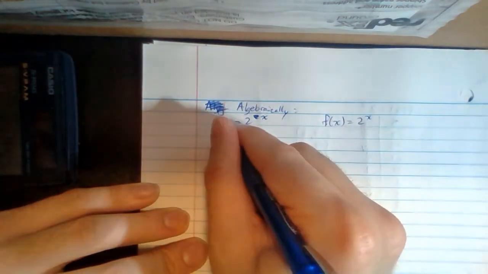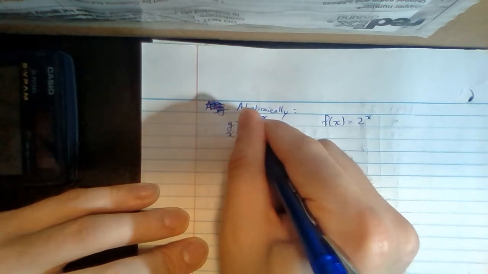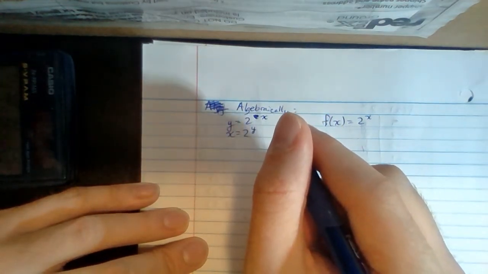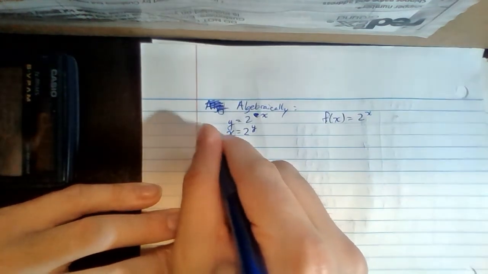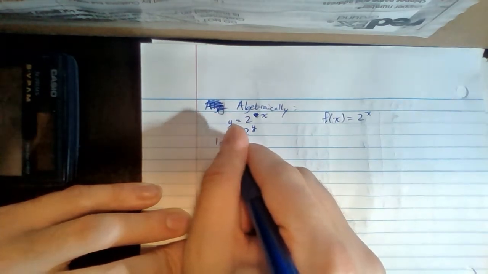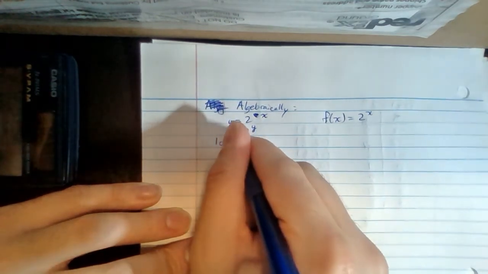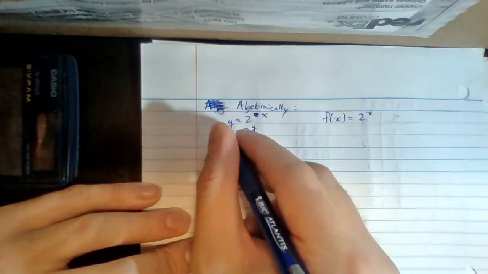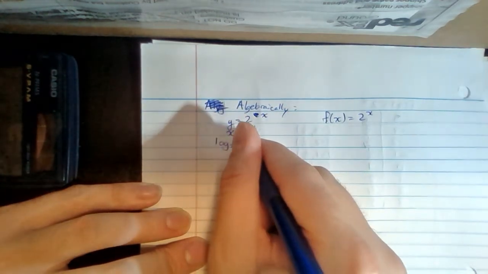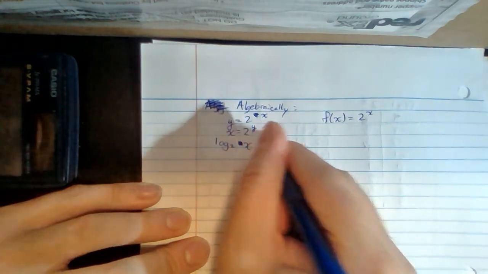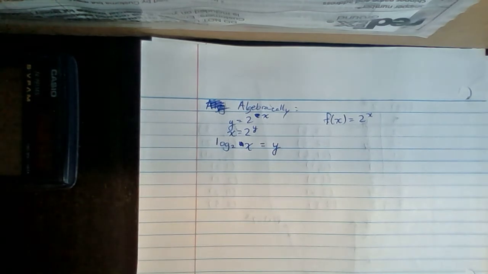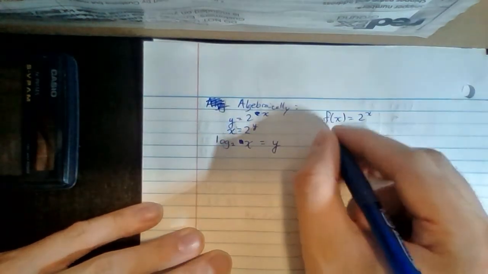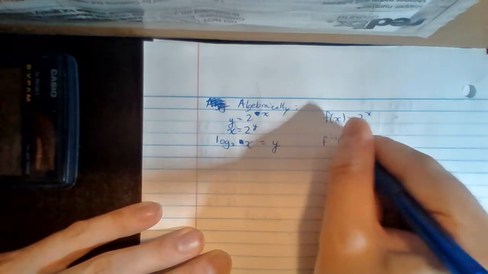We switch our x and y. X equals 2 to the power of y. Then we need to solve for y. So we need to turn this into logarithmic form. The base of our exponent is 2, so the base of our log is 2. This x is going to become our argument, and that's going to equal the exponent in exponential form. And so that right there, y equals log base 2 of x, that's our inverse.